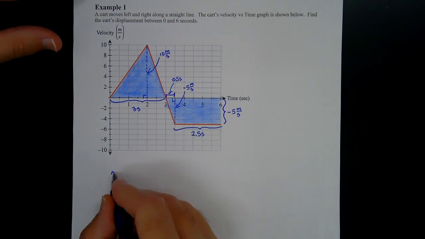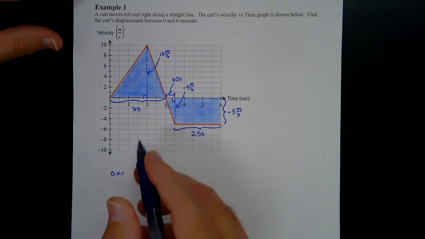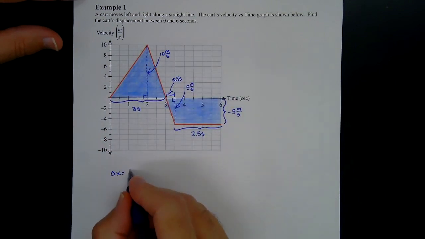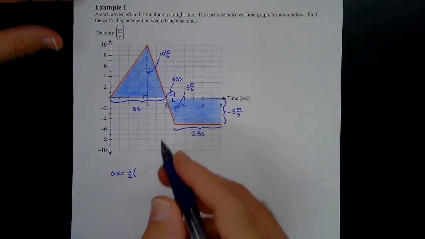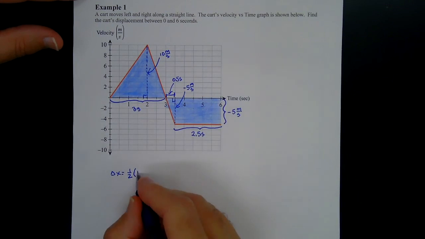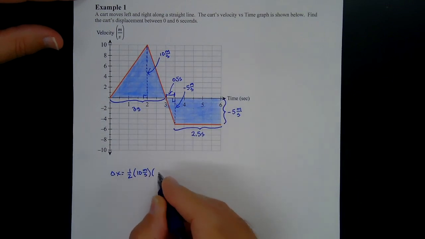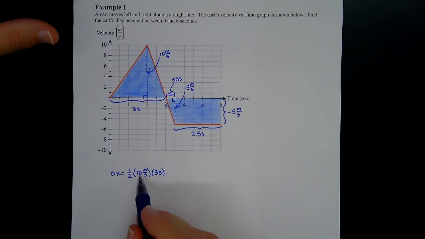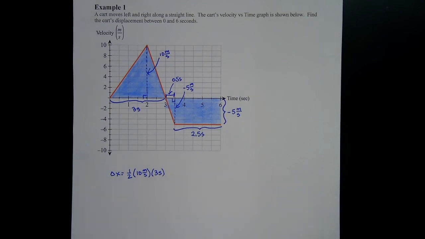My delta x is going to be this triangle right here, so it's 1/2 the base times the height. I'm going to do 10 meters per second times 3 seconds. I'm saying base times height, but I'm really doing height times base. It doesn't matter.